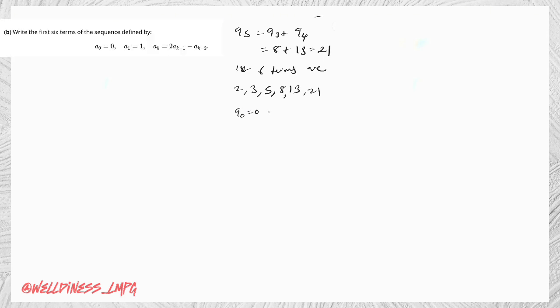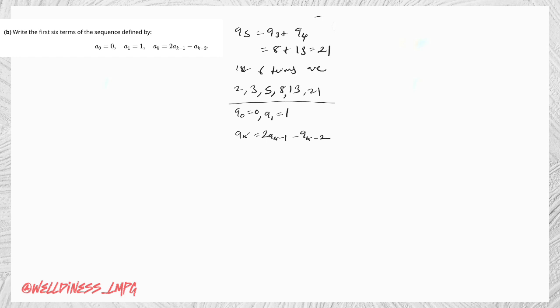So for our next question, we have A0 is equal to 0, and we have A1 is equal to 1, and we are working with AK is equal to AK minus 1 minus AK minus 2. And we are asked to find the first 6 terms of the sequence.